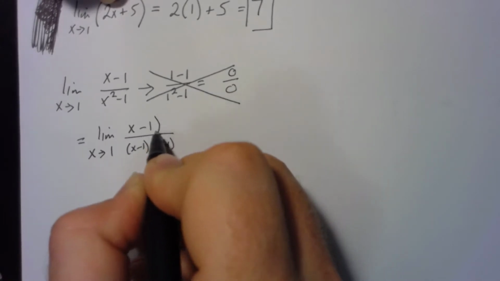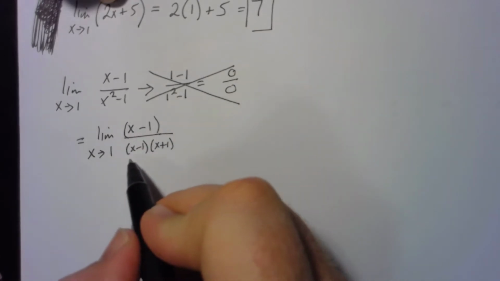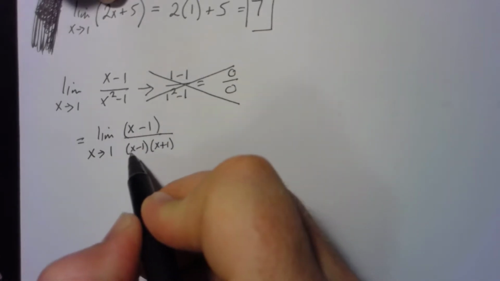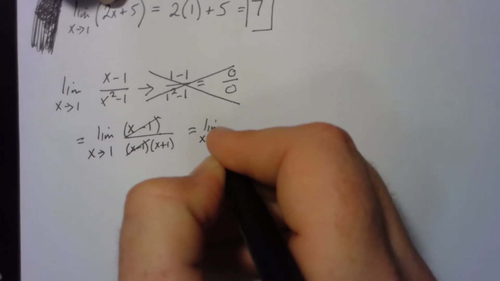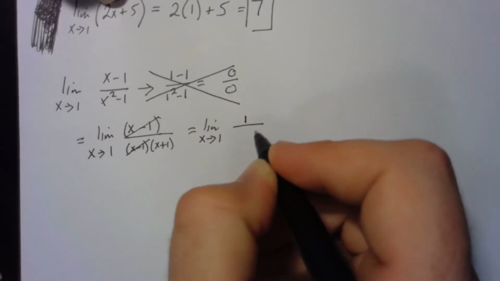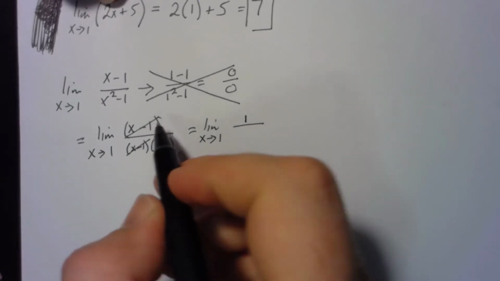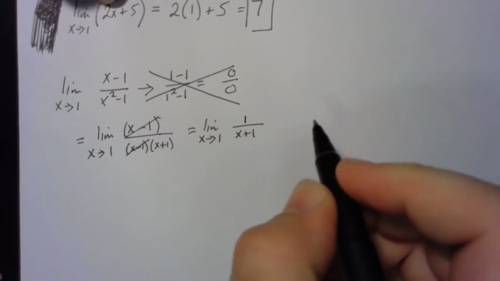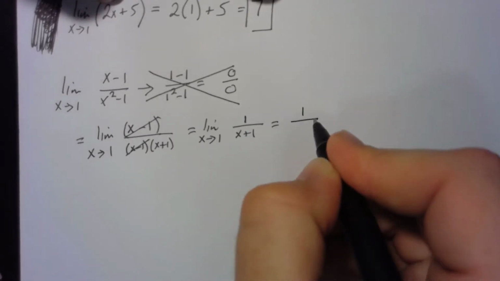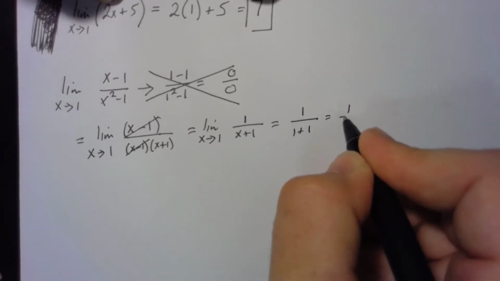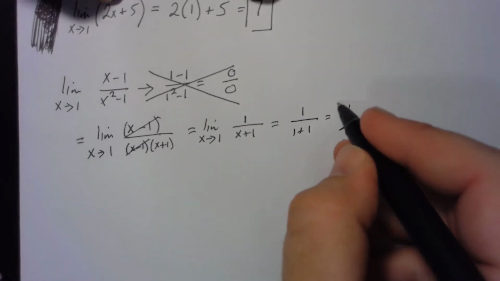And you'll notice that on top and on bottom I have this x minus 1 term. This x minus 1 term can cancel out, causing me to have the limit as x approaches 1 of the constant on top, which is 1 now because everything was canceled out, divided by x plus 1 in the denominator. Now if I attempt to plug 1 in, I get 1 divided by 1 plus 1. This then gives me the function value of 1/2.